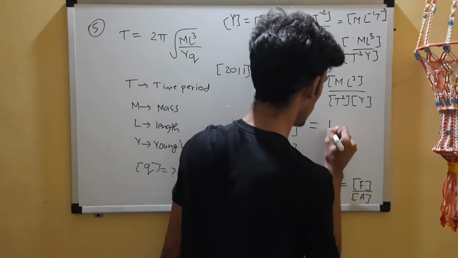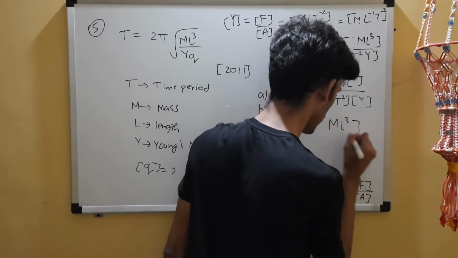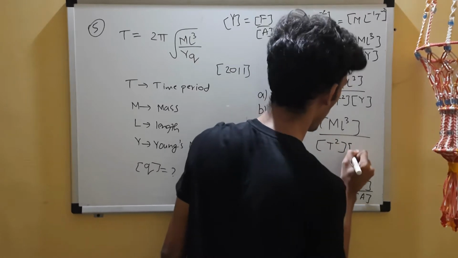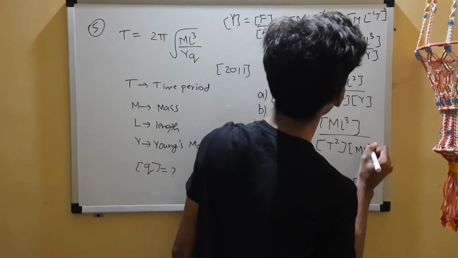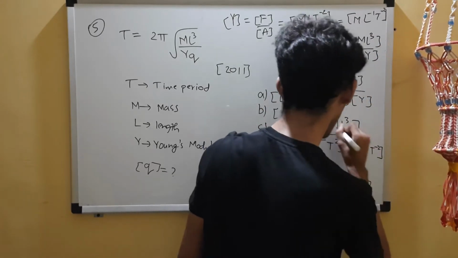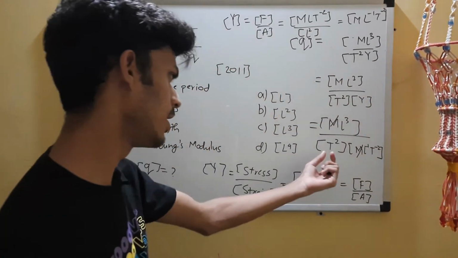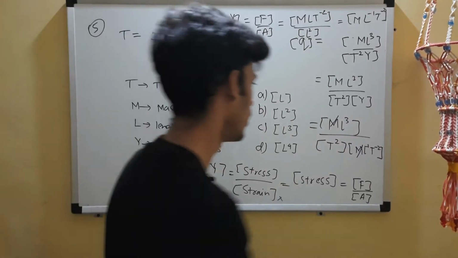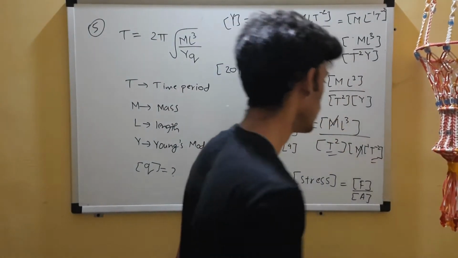So let's substitute that over here and see what we get. M L minus 1 T raised to minus 2. This M will get cancelled with that, and T to the power 2 and T to the power minus 2 will also get cancelled.